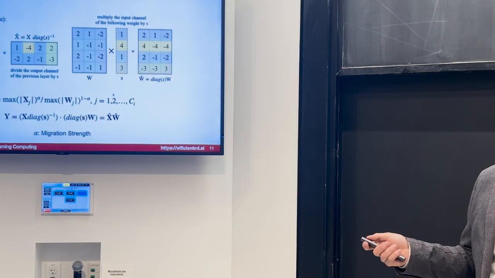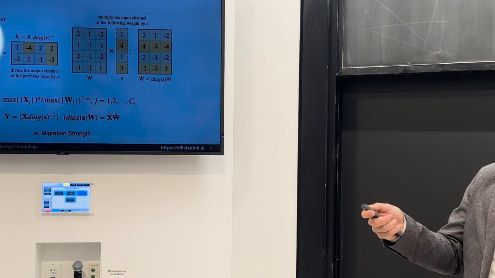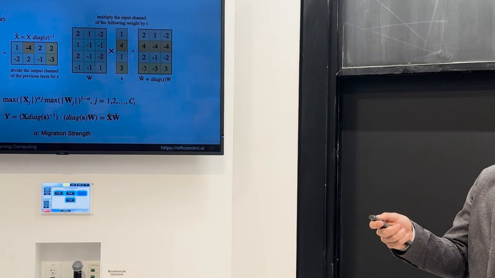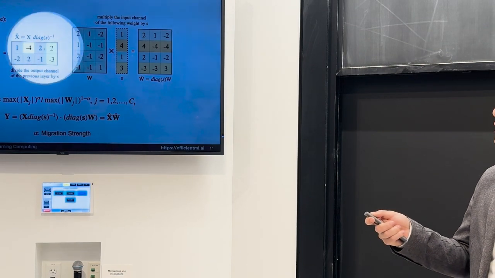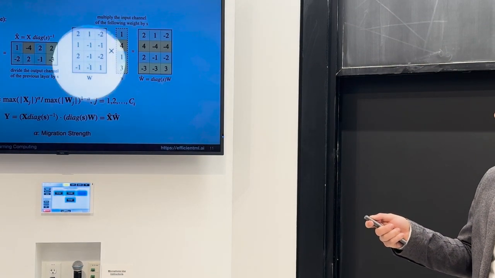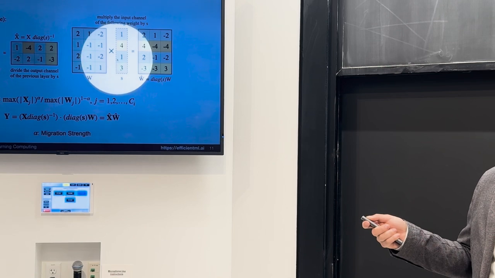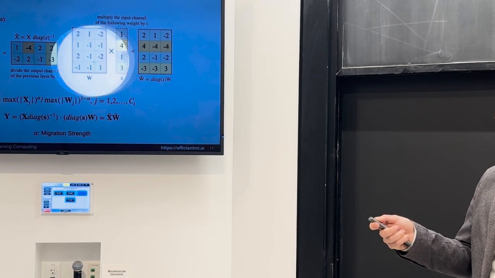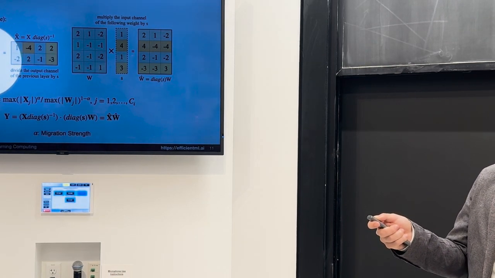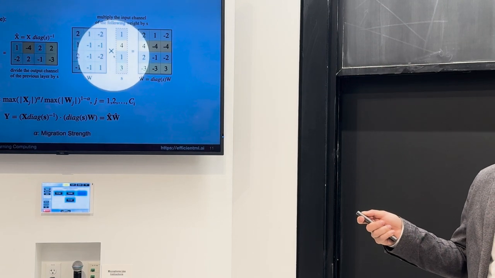So the next step, we apply the scaling factor. By dividing X with the scaling factor, and then multiplying W with the scaling factor. Okay? Same scaling factor, one is divided by that, one is multiplied with that. So mathematically, it's the same. Okay?